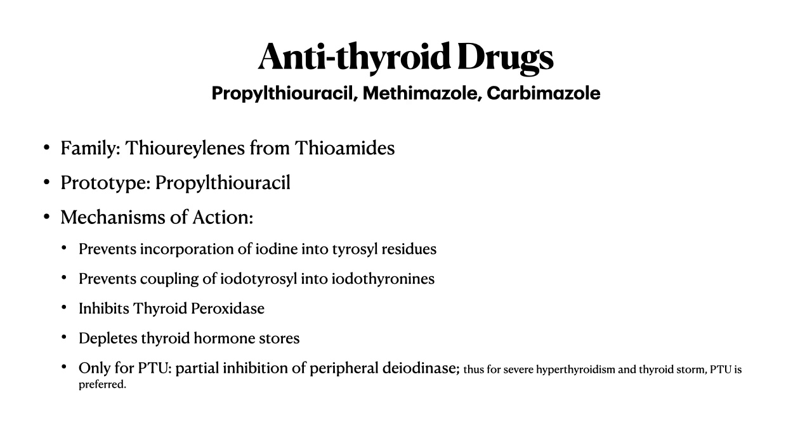So the other drugs, methimazole and carbimazole, will work only on the thyroid gland, but propylthiouracil has an additional effect of working in the blood vessel, preventing the conversion of T4 to T3. So we use this in severe hyperthyroidism and in thyroid storm. In thyroid storm, there is an extremely elevated level of free T4 and T3.